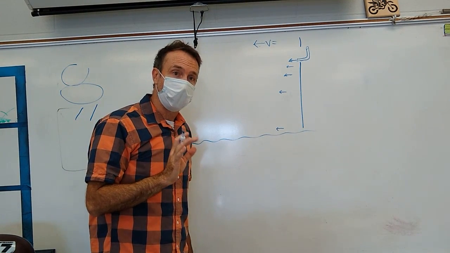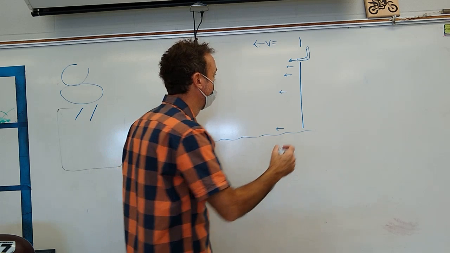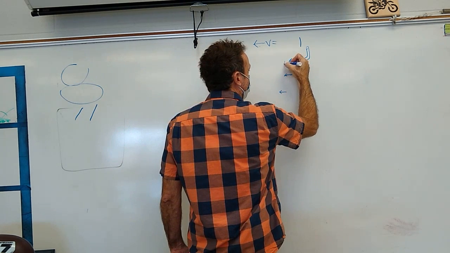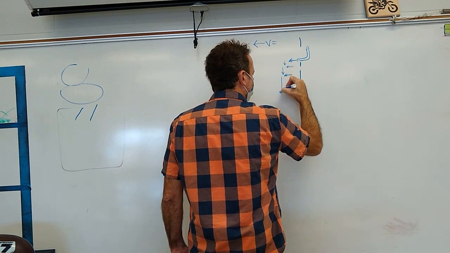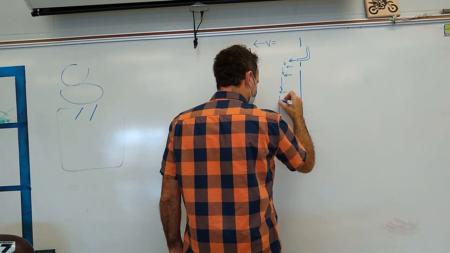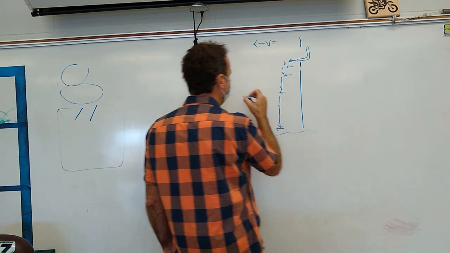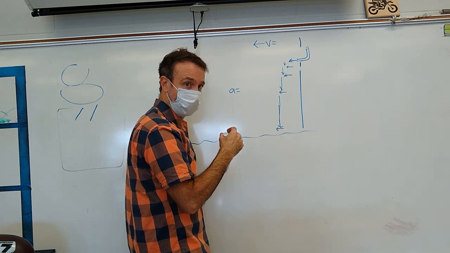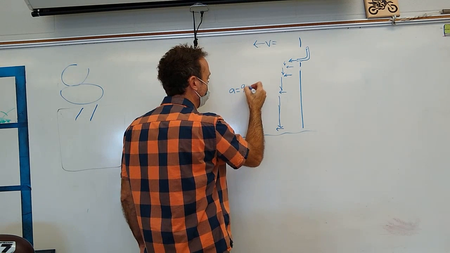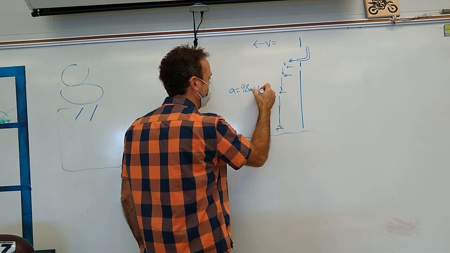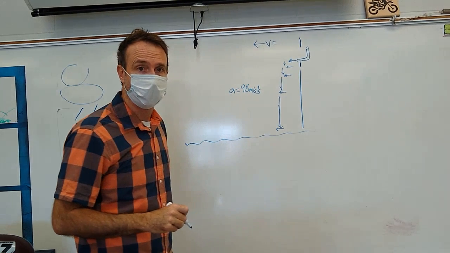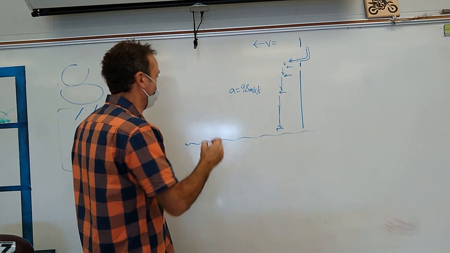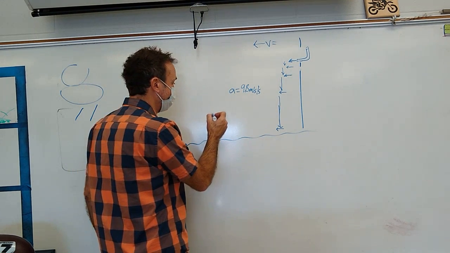Now, if I draw arrows representing the velocity downward, notice those arrows get longer. Because what's happening on the way down? It's accelerating, yeah. And that acceleration down is going to be 9.8 meters per second every second. Correct? Now there's a formula for that.